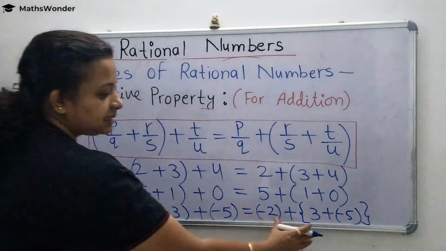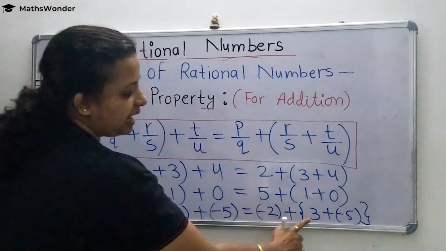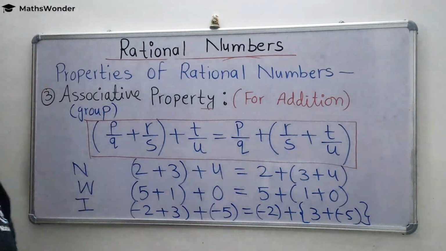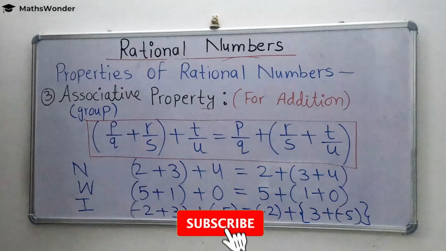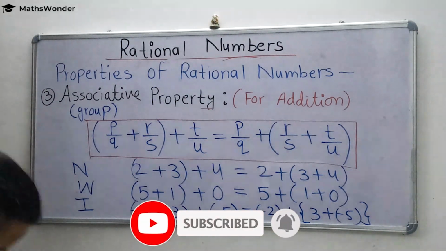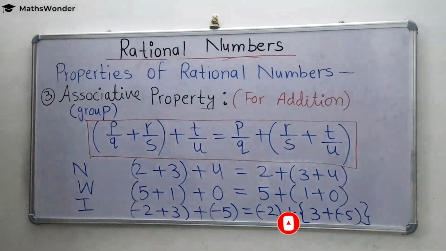Now check the other side, the right-hand side. Negative 5 and 3 will give you negative 2, and negative 2 and negative 2 will be negative 4. Yes, that's correct. If we solve both sides, you will get the same answer. So yes, for integers, natural numbers and whole numbers, the associative property works.